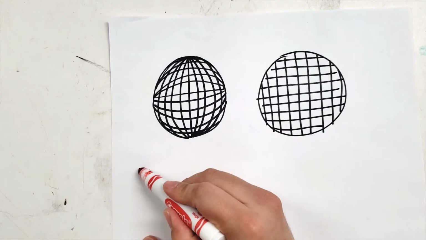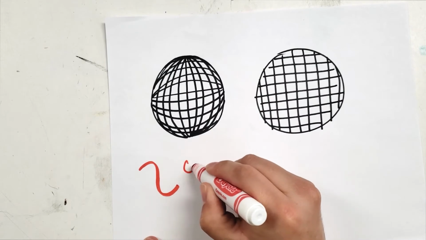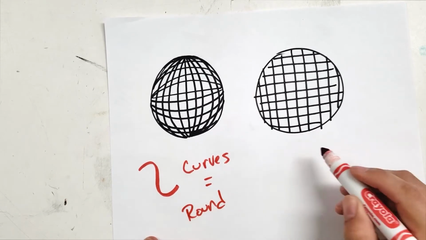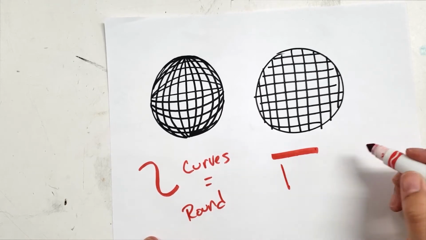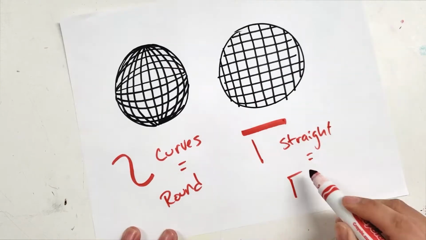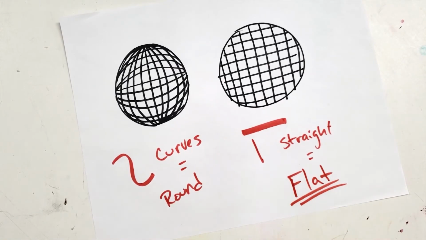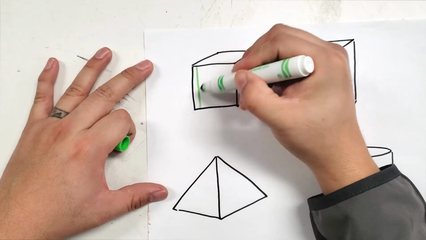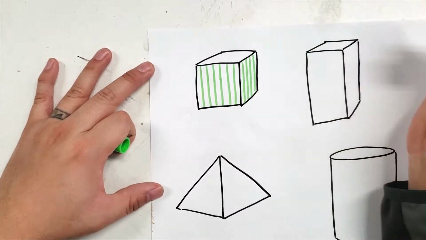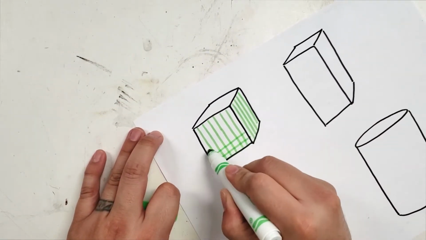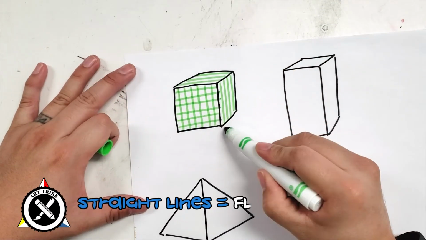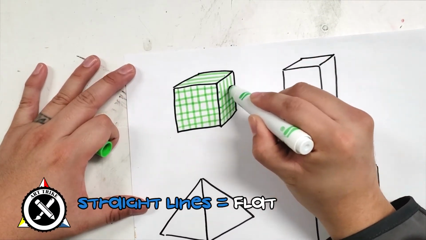So when you add cross contours to a circle, you want to try and make the cross contour lines curved to emphasize the roundness of it. And you want to avoid straight lines because that will give you a very flat look. Using curved lines for your cross contour lines will give you a round surface area. So when we're doing flat surfaces like these cubes, rectangle, and pyramid, we need to use straight lines.